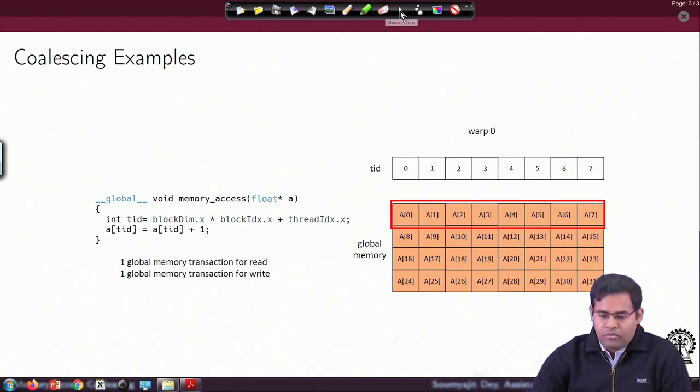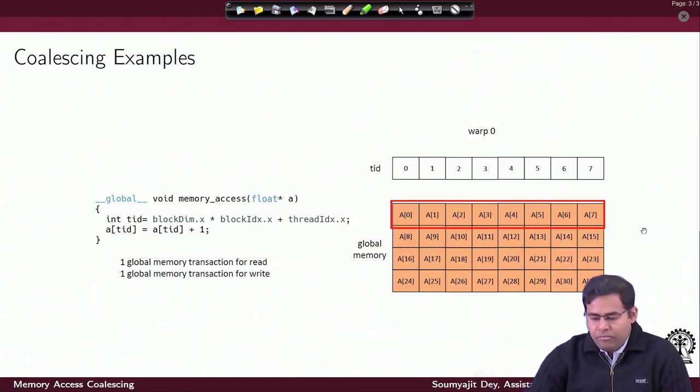So here we can see that since all the accesses are consecutive locations in the memory for the threads executing inside a warp, I can have one transaction for doing the read and then there will be an execution of the increment operation and then again there would be one transaction for updating all of these locations by another write operation for the global memory, through which all these locations will be updated in parallel, because again the locations are consecutive.